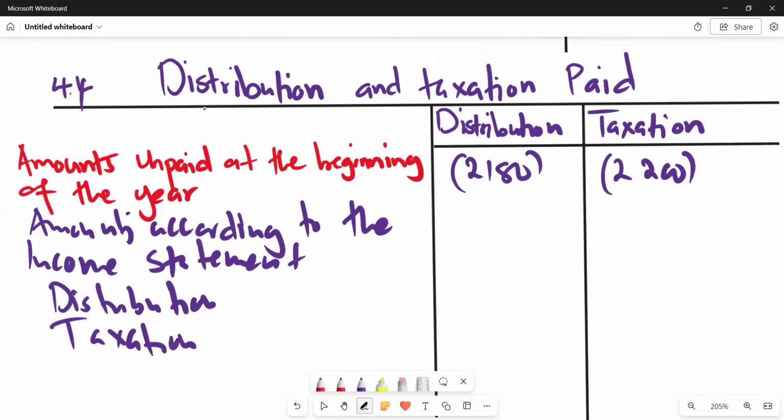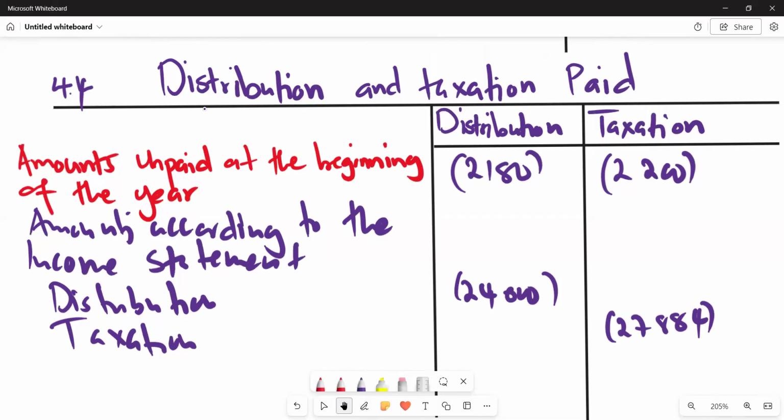So for distribution, we can just put the line in distribution and say the amount is 24,000. And we know that they indicate cash moving out, so we show them as a negative. The same for taxation, we've got 27,884, and also show it as negative. So this is exactly at the end of the year.